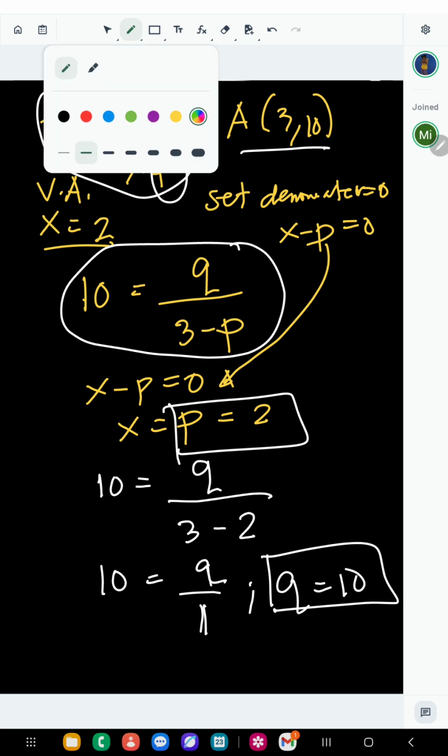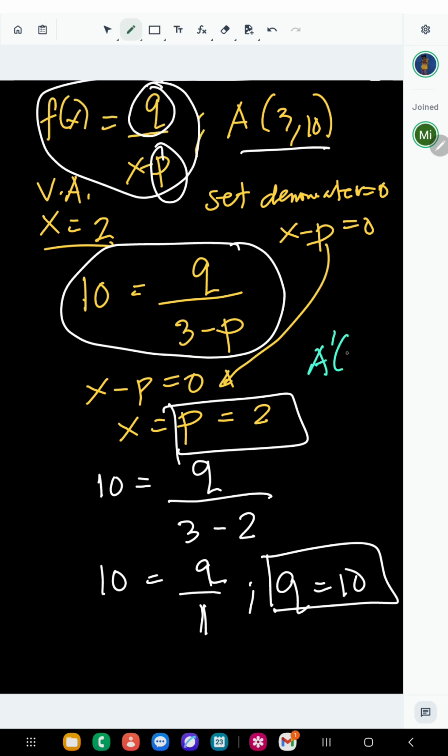Okay, so this is what you're going to do. The image is (3, -10). So what is the original for point A? You transform that.